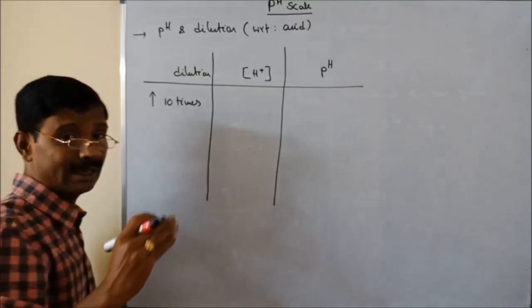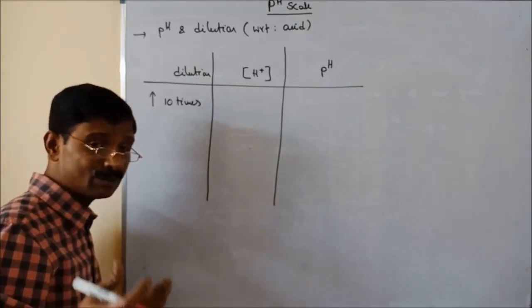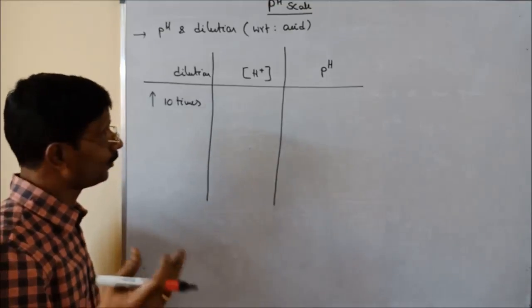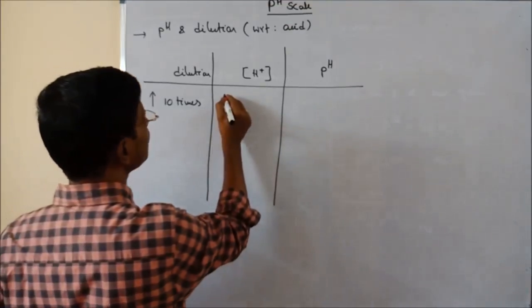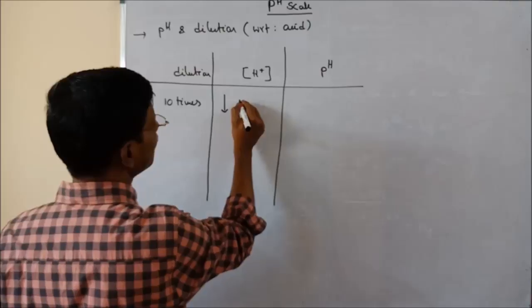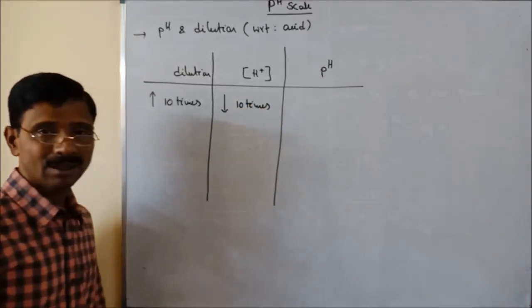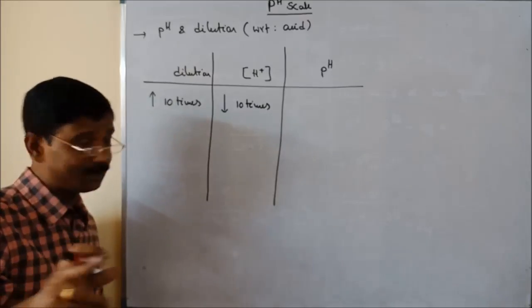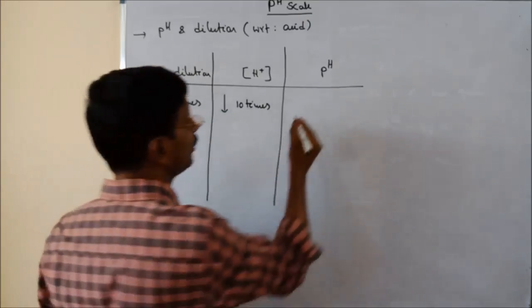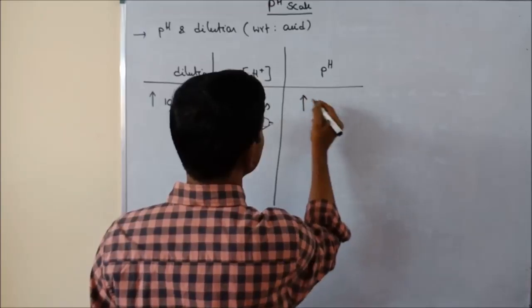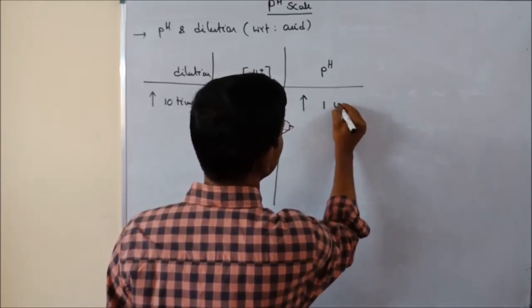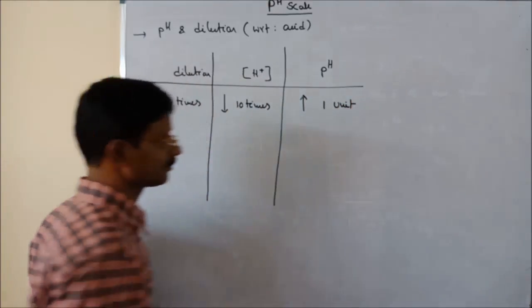So if dilution increased by 10 times, it means volume increased by 10 times. If volume increased by 10 times, H plus concentration is decreasing by 10 times. If H plus concentration decreased by 10 times, pH will increase by 1 unit.